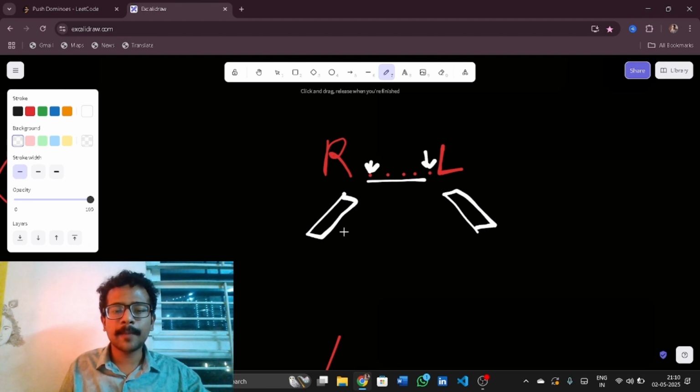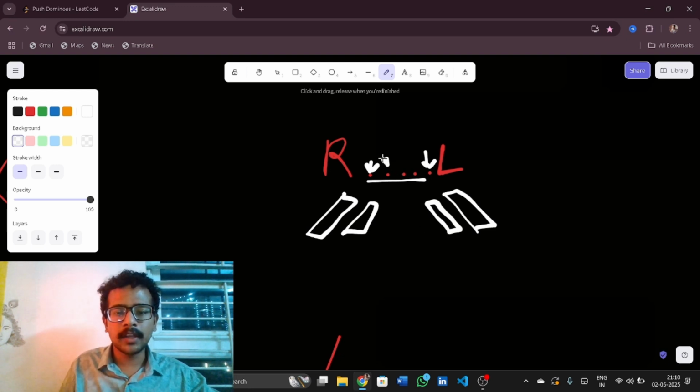This domino I am pushing to the right. This domino, just take a two pointer. Let me not name it anything, but in the algorithm we will be using two pointers. Now I am here. Just push it to the left.